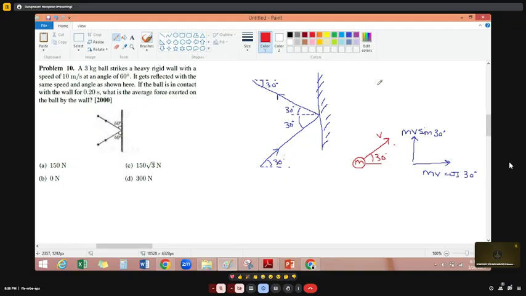Similarly, if you consider the velocity coming out here, the same ball with mass m and the same velocity, they said same speed, so the velocity magnitude is the same. This is 30 degrees, so if I resolve this into two components, mv cos 30, and this side mv sin 30.